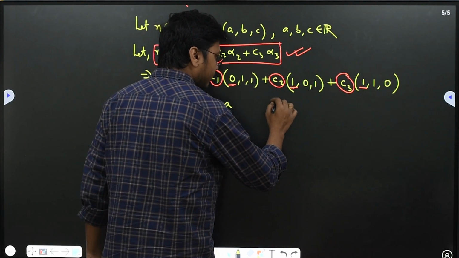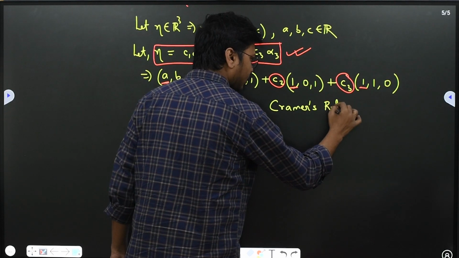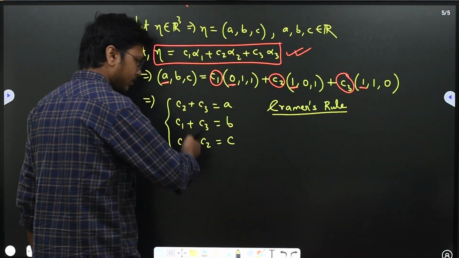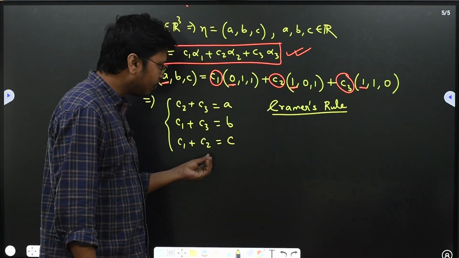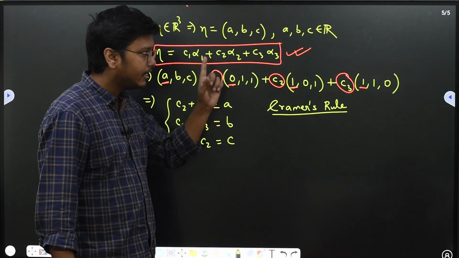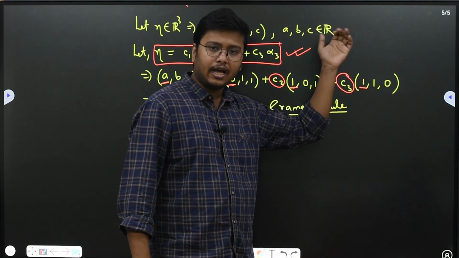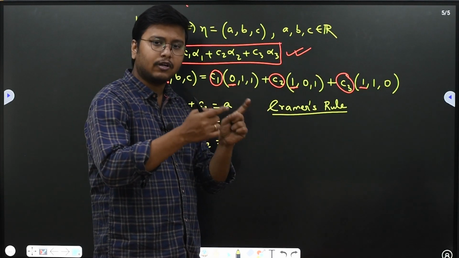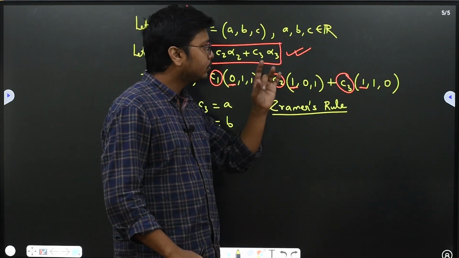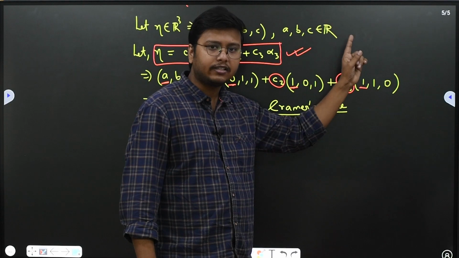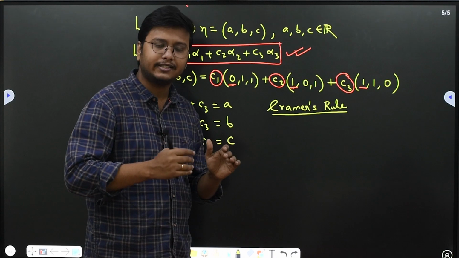Now, if you can remember, using Cramer's rule, if people have forgotten what was the condition for existence of solutions of non-homogeneous and homogeneous equations, then a link will be visible to you, one card will be visible to you, and that is one of my lectures on the nature of solutions of homogeneous and non-homogeneous equations. So you can go into that lecture and see carefully what are the conditions for the existence and non-existence of solutions.